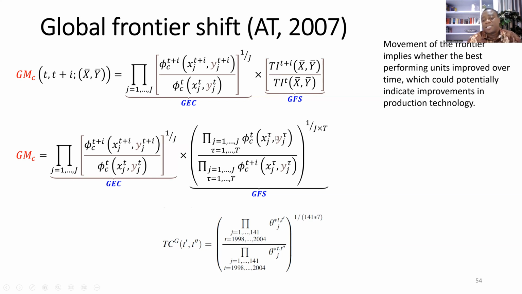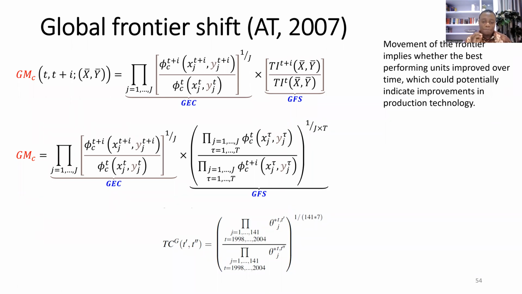Watch the terms in the bracket compared to that of the global efficiency change. In the bracket here, you will notice that it is to the power tau. It's not to the power t or t plus I. What is tau? Tau is all the time periods.